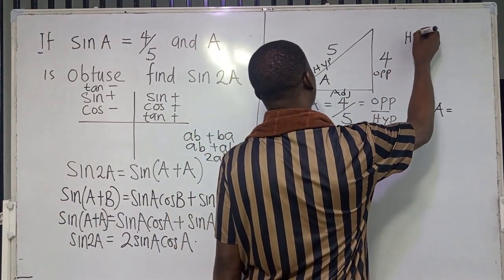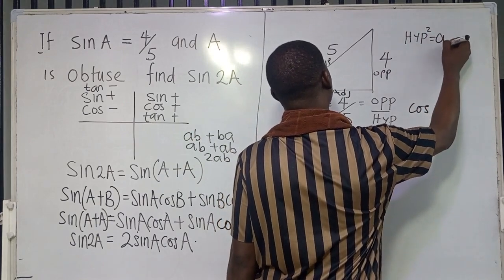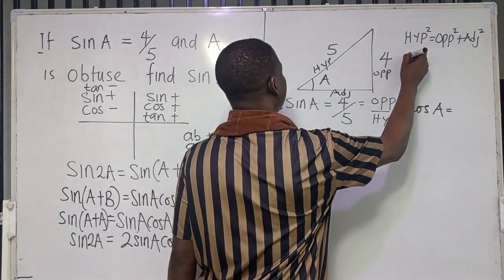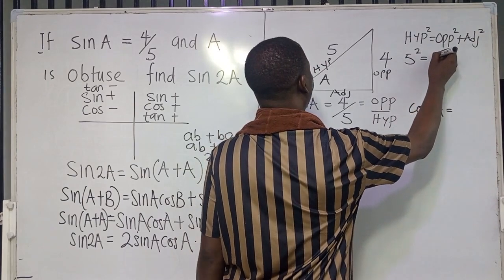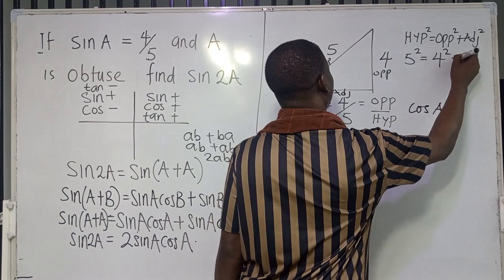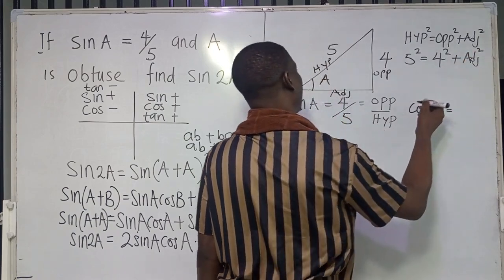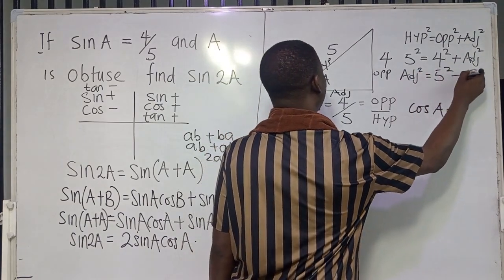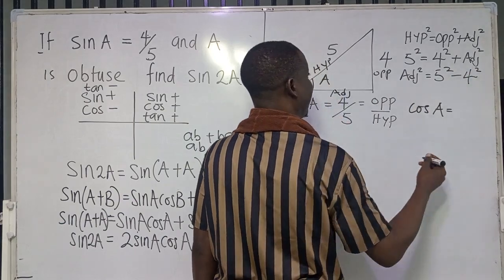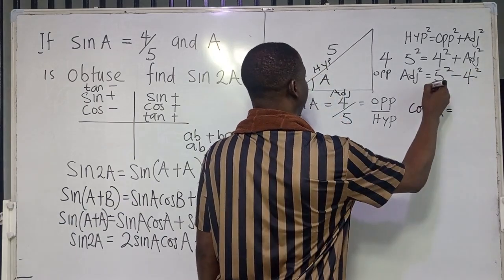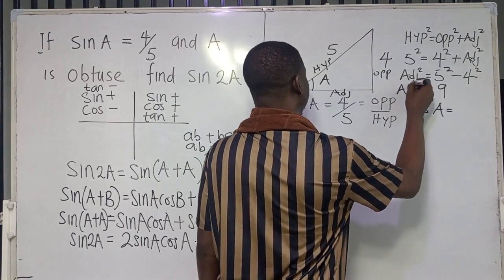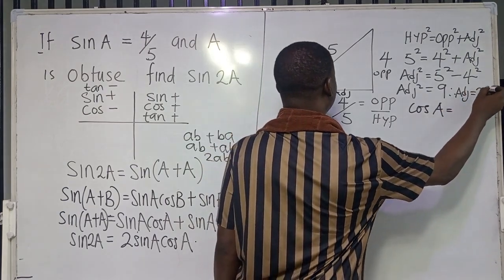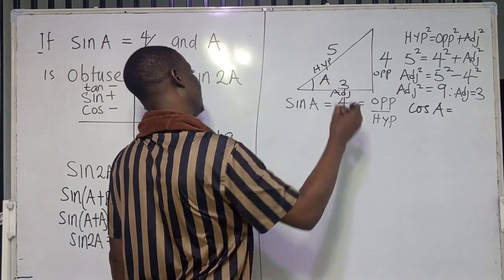You use Pythagoras' theorem: hypotenuse squared is equal to opposite squared plus adjacent squared. So 5 squared equals 4 squared plus adjacent squared. Adjacent squared is 5 squared minus 4 squared, which is 25 minus 16, which is 9. So adjacent is equal to 3.